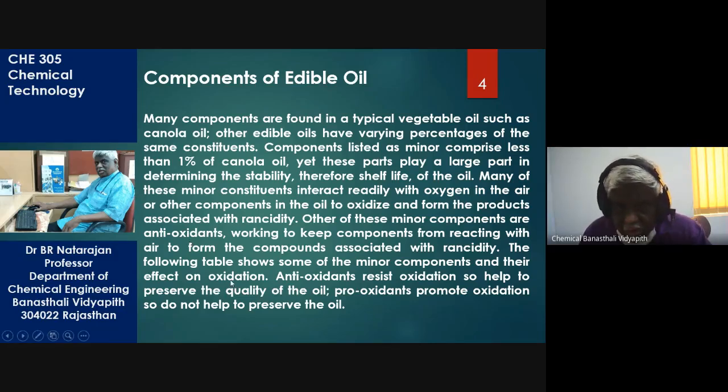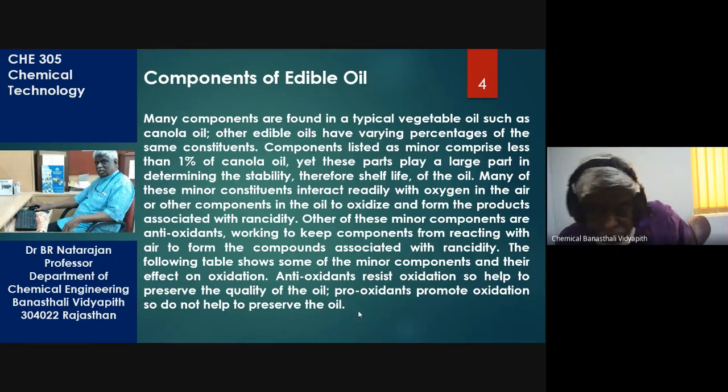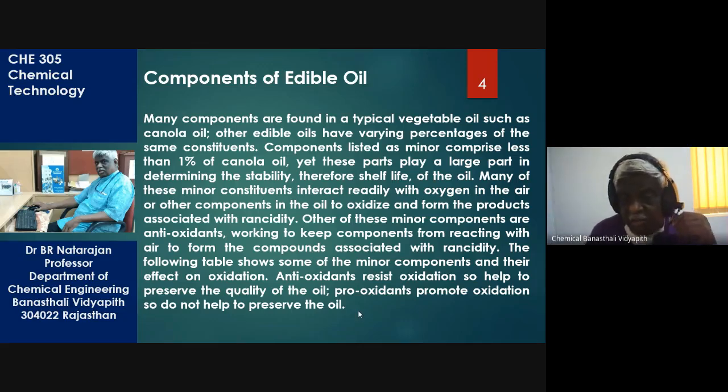But there are also some components which are pro-oxidant. They get oxidized and form rancid products. Antioxidants resist oxidation, so help to preserve the quality of the oil, whereas pro-oxidants promote oxidation, so do not help to preserve the oil. So it's clear that the pro-oxidant must be got rid of and the antioxidant must be retained.